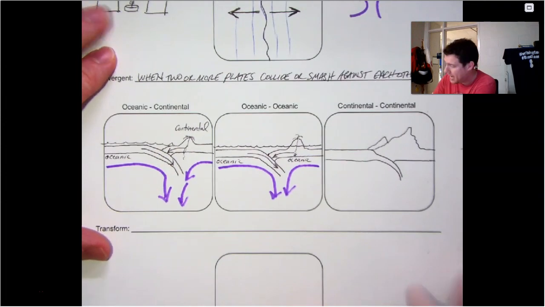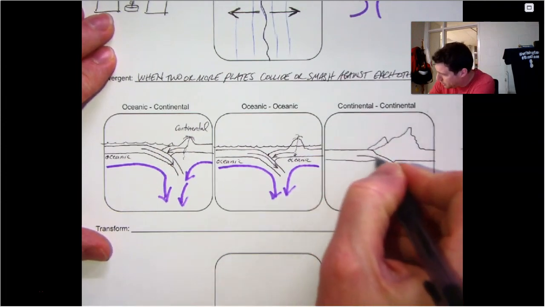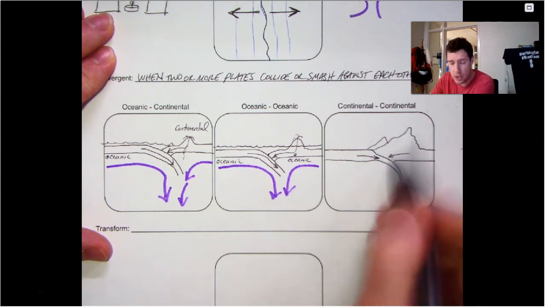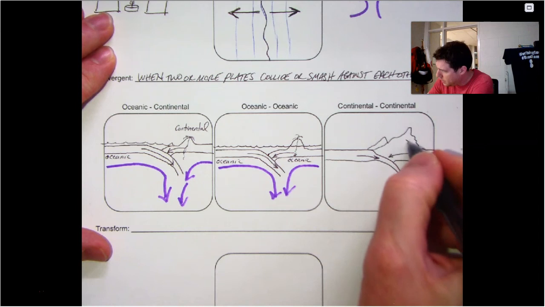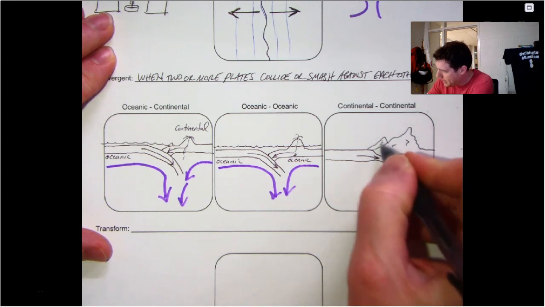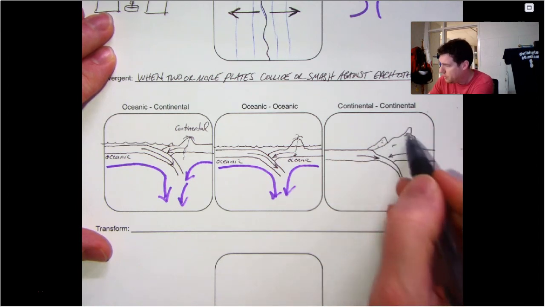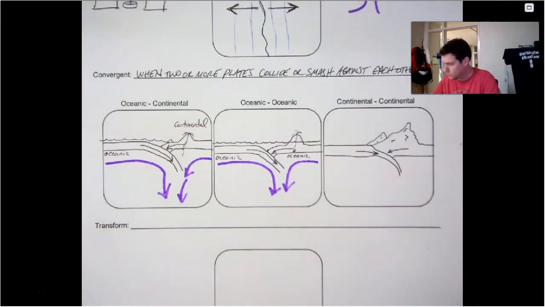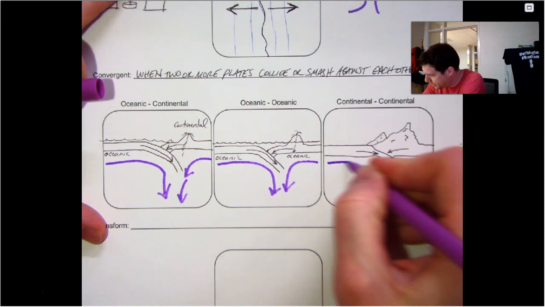More of that energy actually goes into buckling upward, and what you end up getting is mountains, like really tall mountain chains.